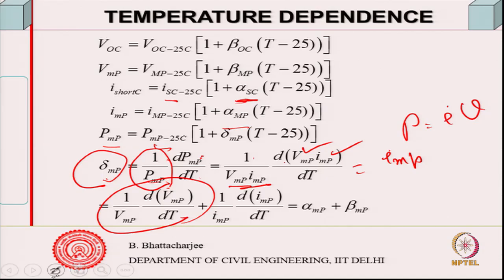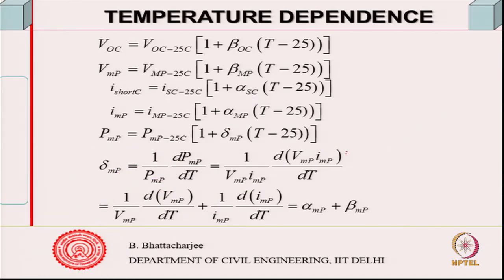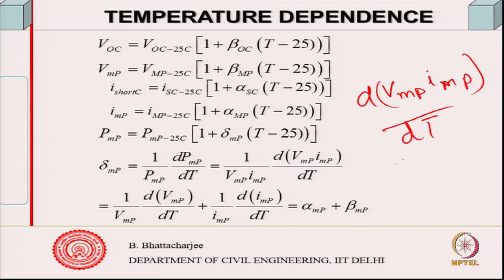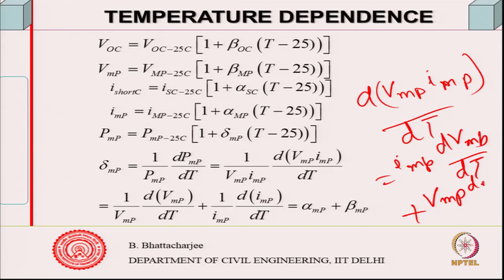Let me write it in a better manner: d of V MP I MP divided by dt will be written as first I MP dV MP dt plus V MP dI MP dt, by the chain rule.